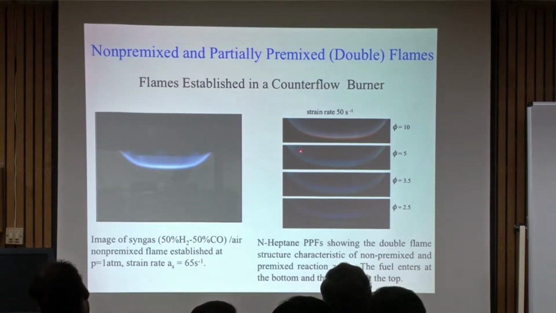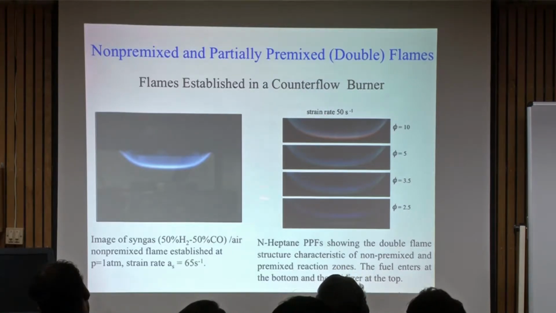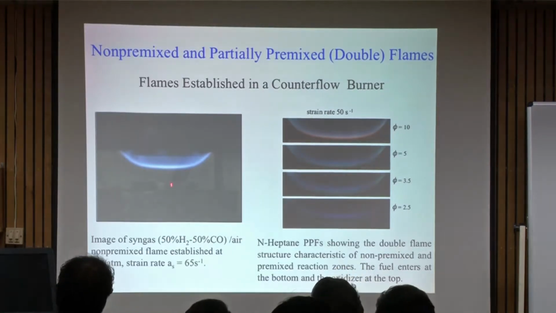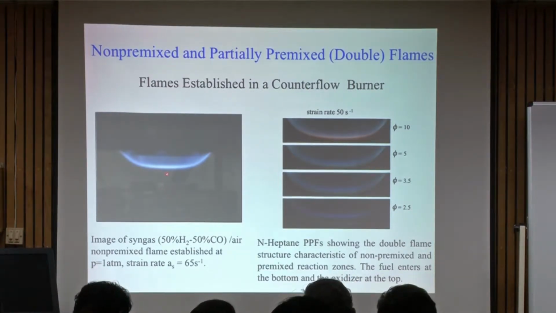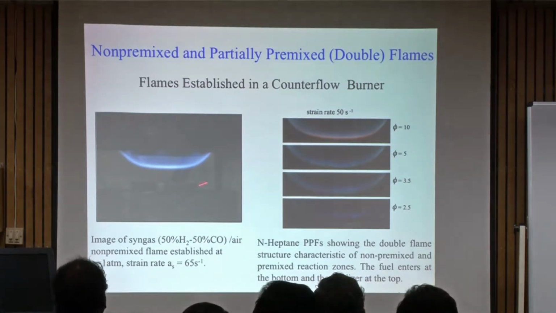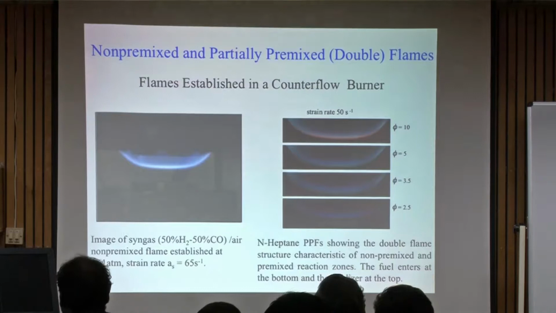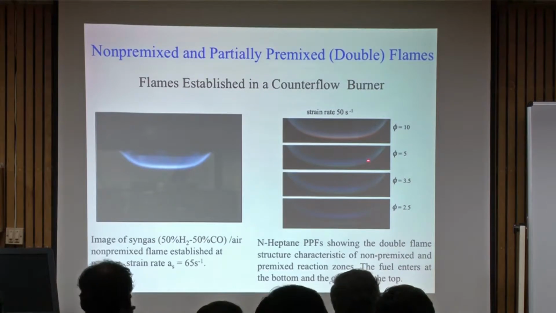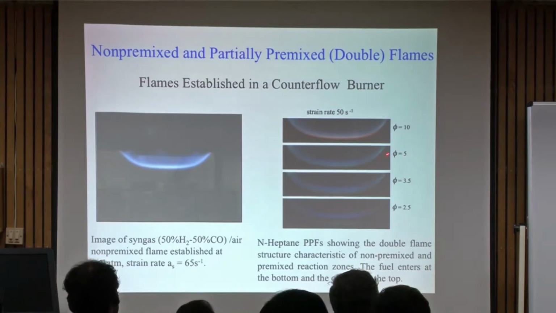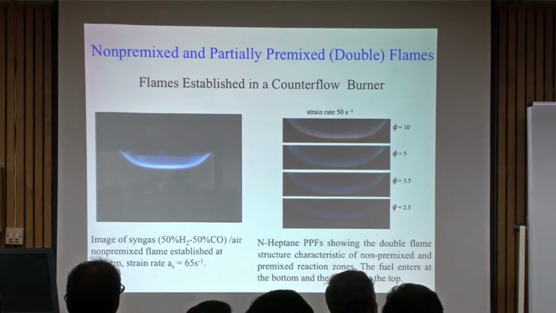Same counterflow, we can also do partially premixed flames by having some air mixed with the fuel in the fuel jet. So you add some air and then you control the amount of air. So when phi is 10 here, that means just a very small amount of air, so that the equivalence ratio is 10. If there is no air, the equivalence ratio will be infinite, right? And then you add more air to the fuel jet, so then equivalence ratio is 5, 3.5, 2.5.